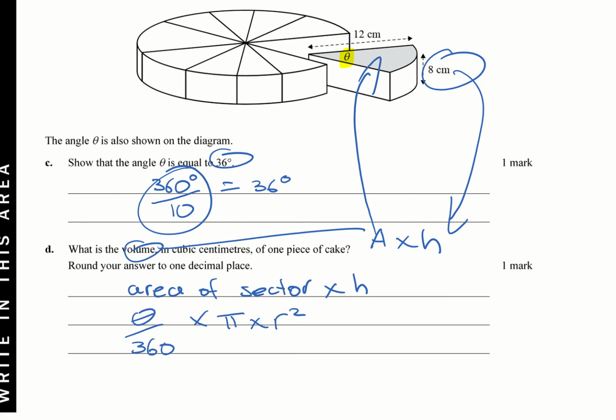Let's highlight that in green. That's your area of a sector. And then the height's going to be in blue, times height.